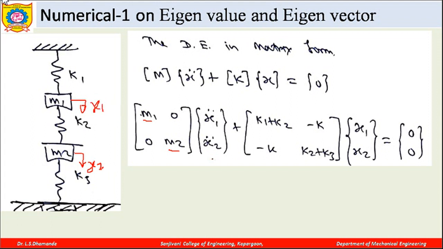So x2 is in the downward direction, so k2 is on the opposite side of it, so it is minus k2, and also this stiffness matrix is a symmetric matrix, so here also it is minus k2 and here also it is minus k2, while the coefficient of x2 will be k2 plus k3, so it is here k2 plus k3. So in this way you can write the mass and the stiffness matrix.